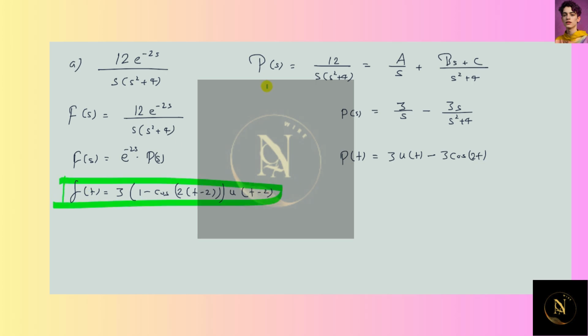And now part B. Again we have to find the Laplace inverse. We can assume the function G(s) = (2s + 1) / ((s² + 1)(s² + 9)). Using partial fractions, this term can be written as (As + B)/(s² + 1) + (Cs + D)/(s² + 9).